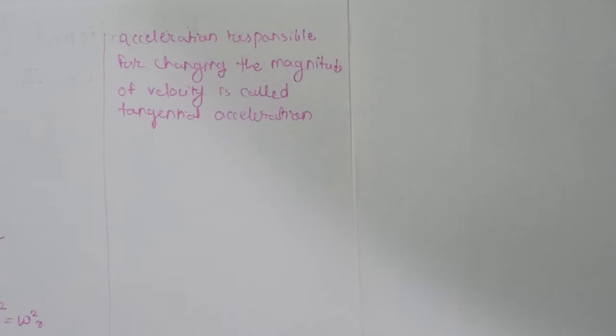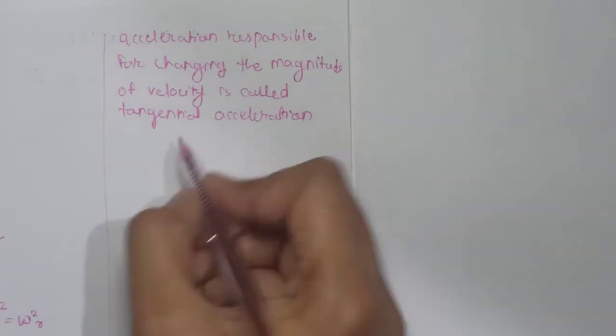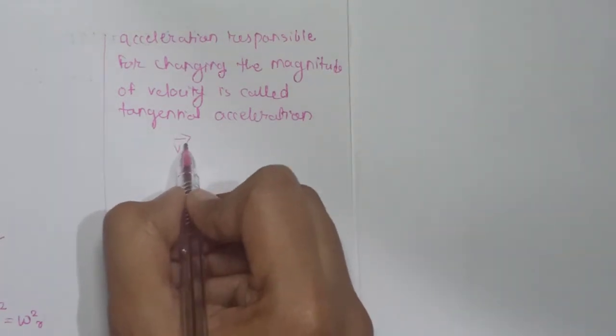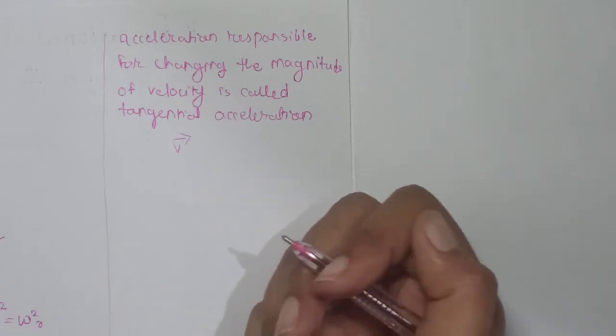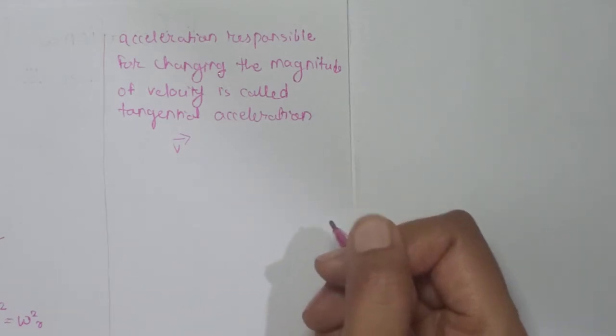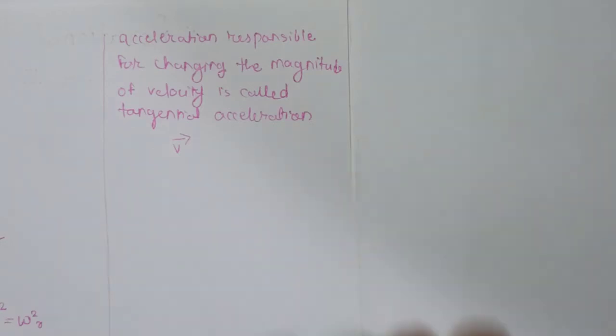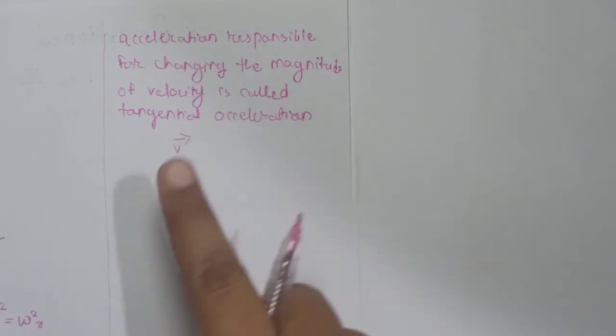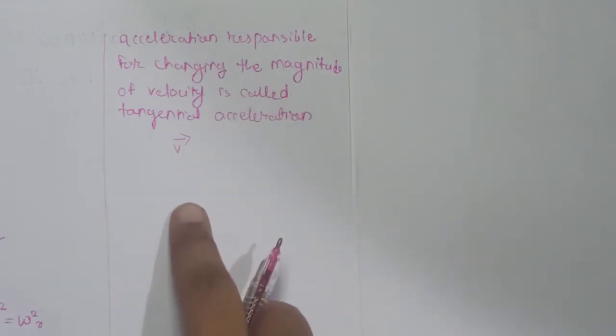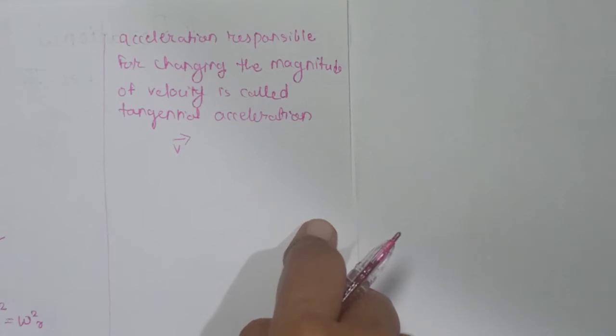As the magnitude of tangential velocity, that is vector v, is changing during non-uniform circular motion, the corresponding angular velocity vector omega is also changing. So due to that change in velocity, there will be a change in angular velocity.